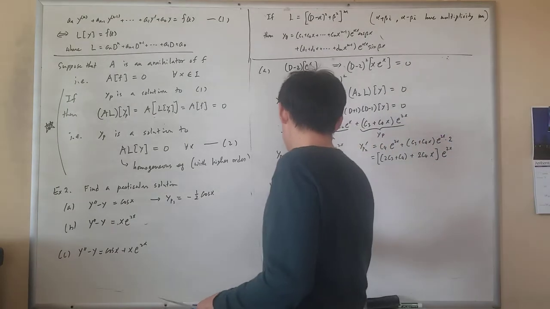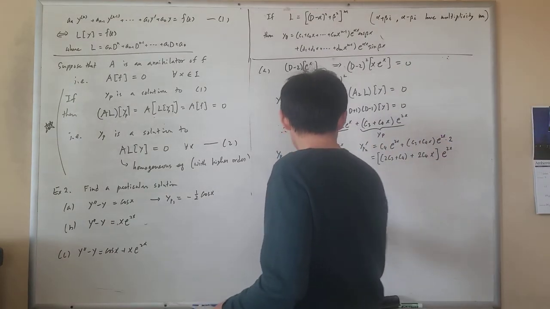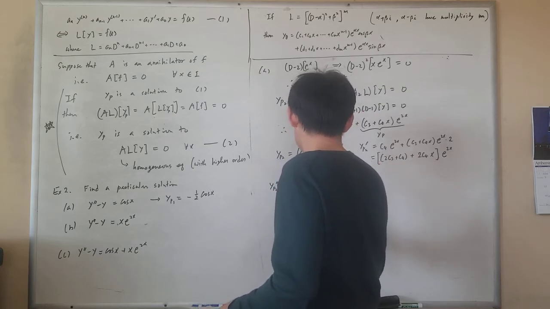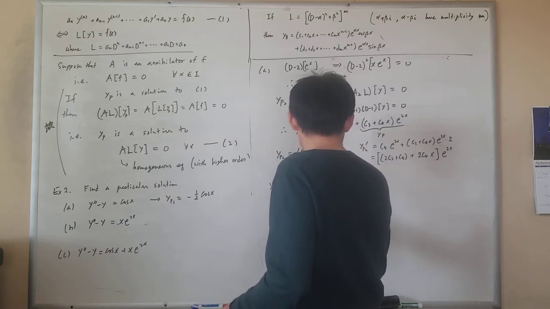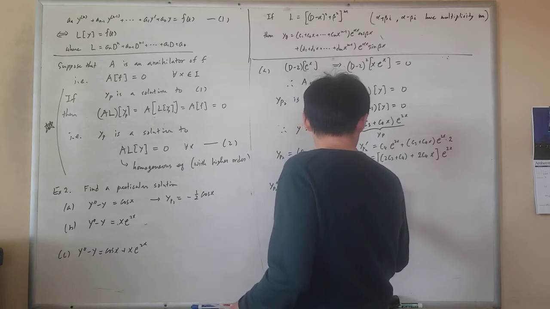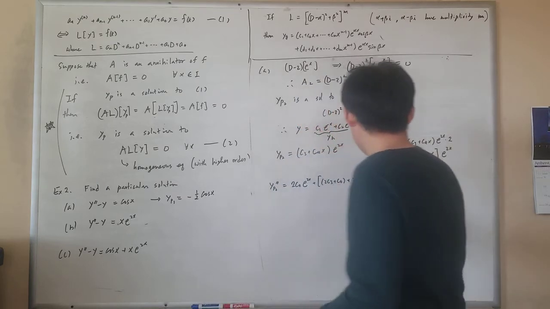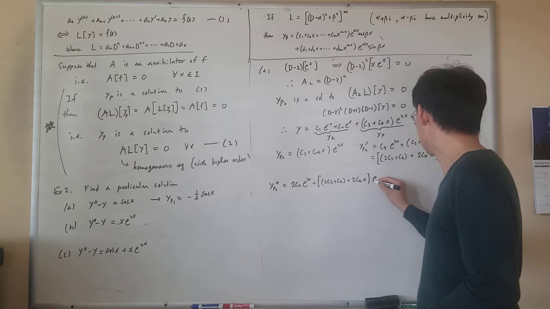Then yp2 double prime will be f prime g plus f g prime again.